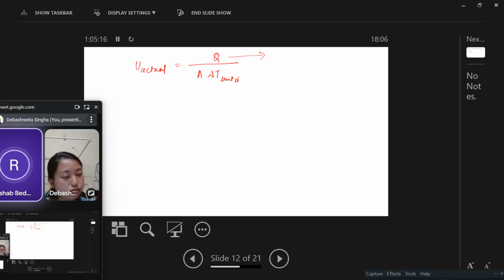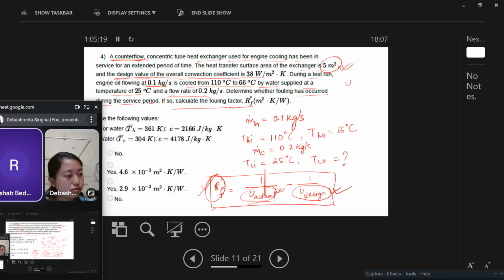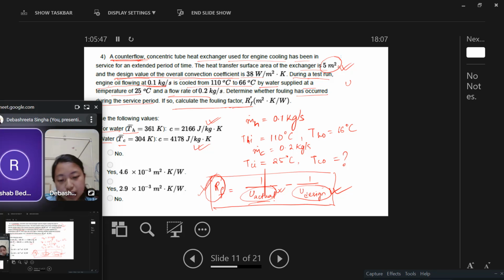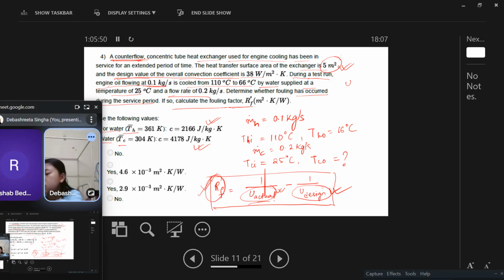Q is m Cp delta T for the cold fluid. Here they have given for both, but one is water, one is oil. During a test run, engine oil flowing at this. So this is for the hot one, this is for the cold one. TH is given and another is TC. Please calculate this. I'm just coming in 2 minutes. Let me know which is the answer from here.